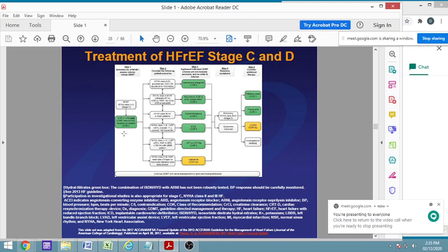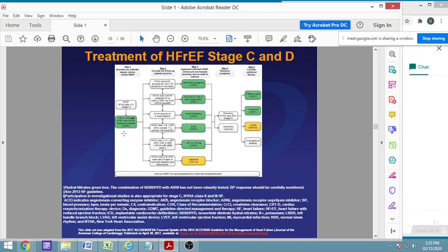So we can go for the ACE inhibitor or ARBs, and simultaneously we can go for beta blockers if required, and diuretics. These are the suggested ones, and this is a first class of recommendation, that is number 1.